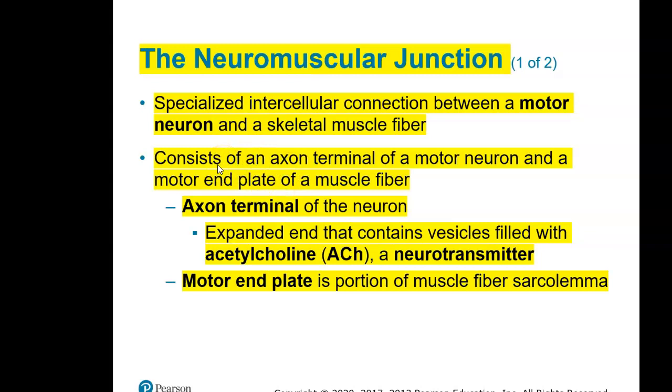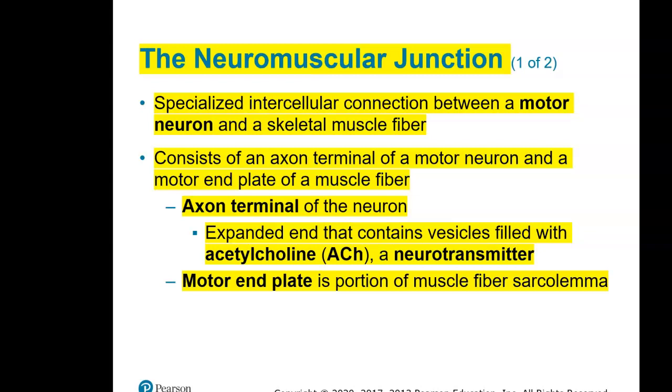So the neuromuscular junction consists of an axon terminal of the motor neuron, and then what we call the motor end plate of the muscle fiber. And that's just the portion of the muscle fiber, the sarcolemma, that is interacting with the axon terminal of the motor neuron.